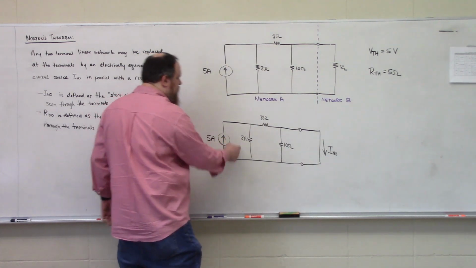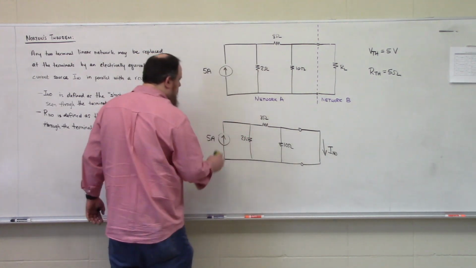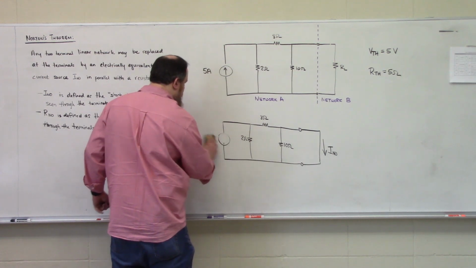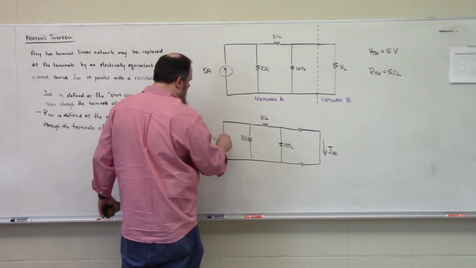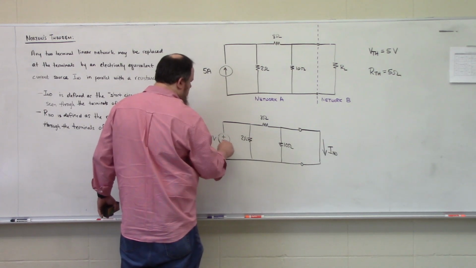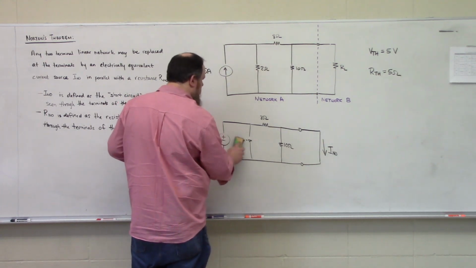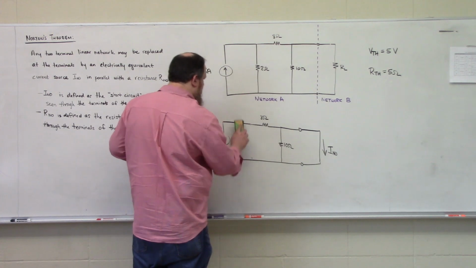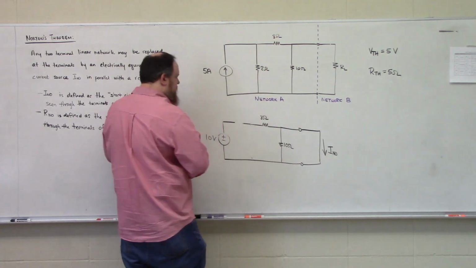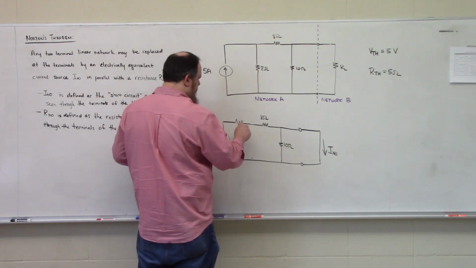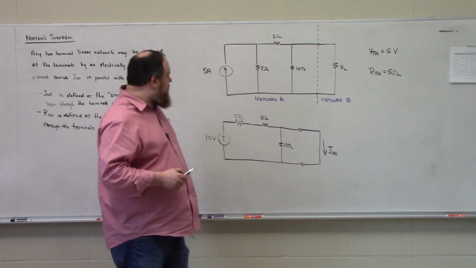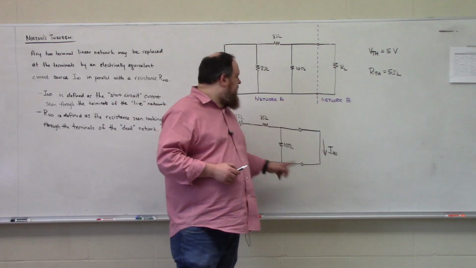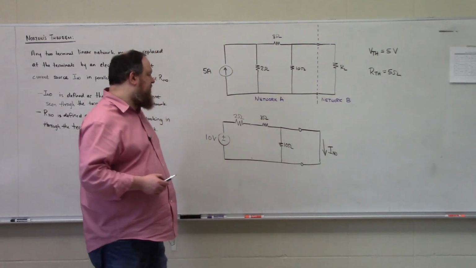So our 5 amp source with our 2 ohm resistor becomes 10 volts, positive polarity on top, negative polarity on bottom. Our 2 ohm resistor is put in series with that voltage source. Now notice this short circuit is in parallel with this 10 ohm resistor.